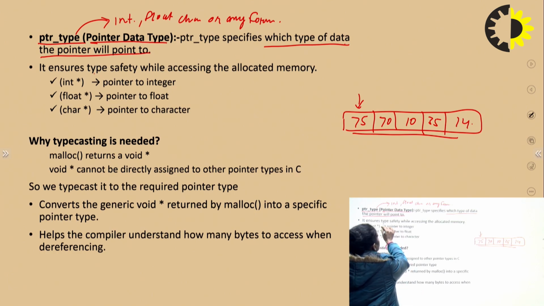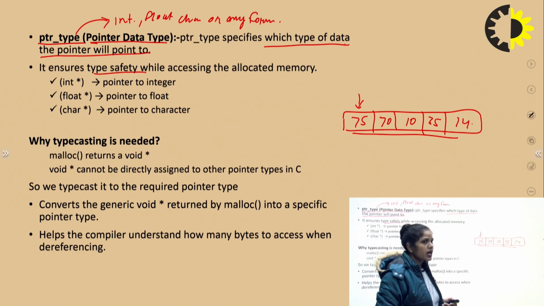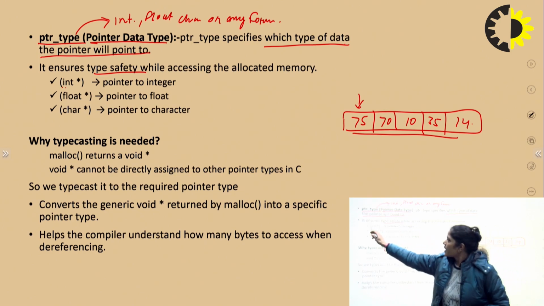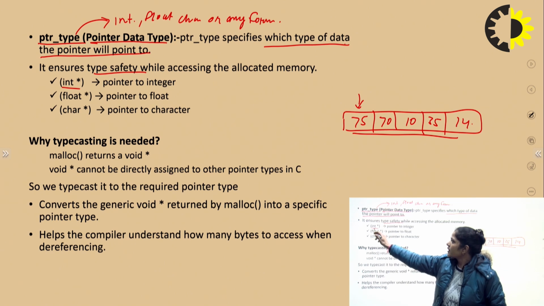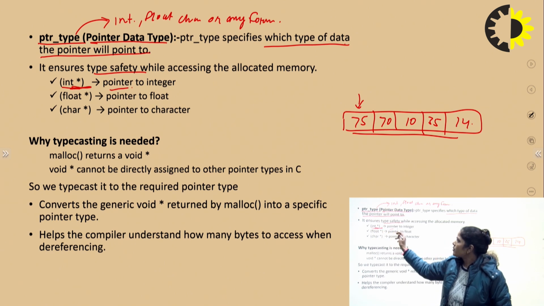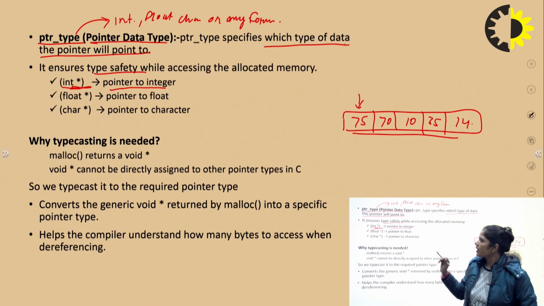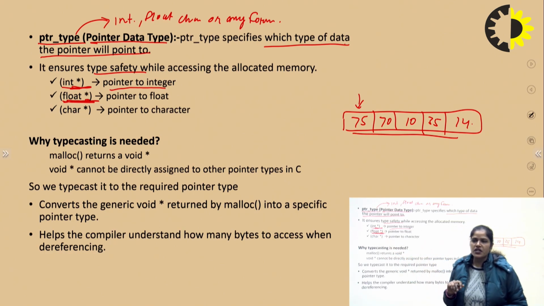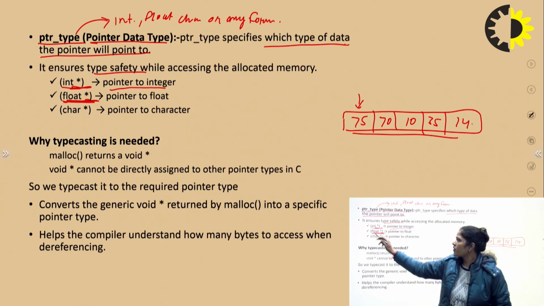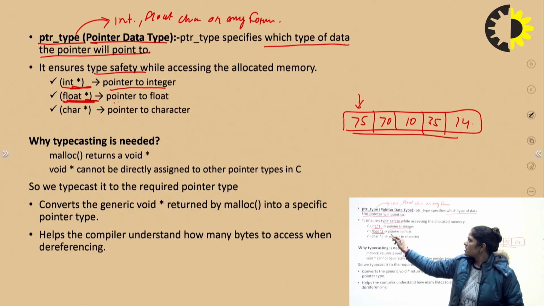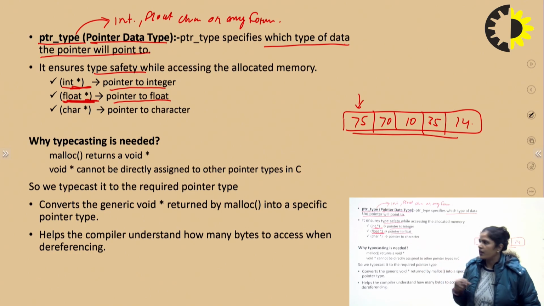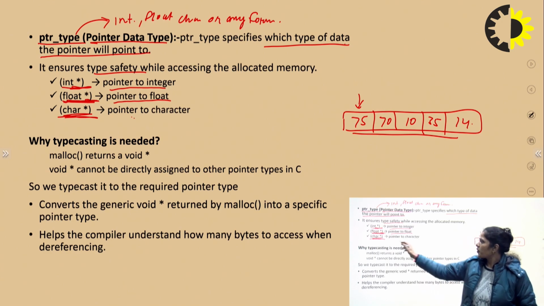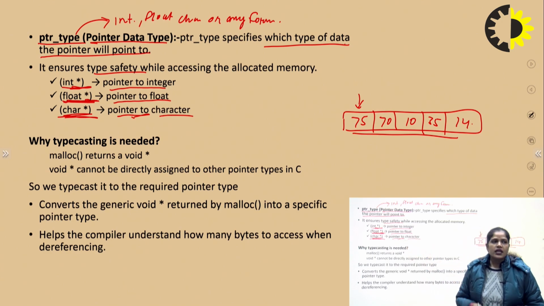It ensures type safety while accessing the allocated memory space. This type may be an integer; if I am declaring that, it means the pointer points to an integer. If I am using this type of syntax, it means the pointer points to a float value. If I am using this type of implementation, it means the pointer points to a character value, right?